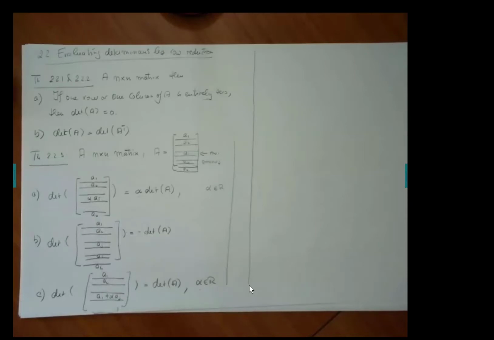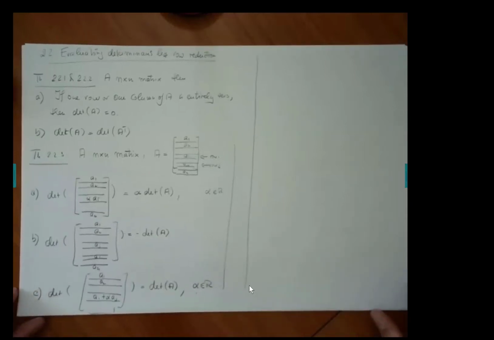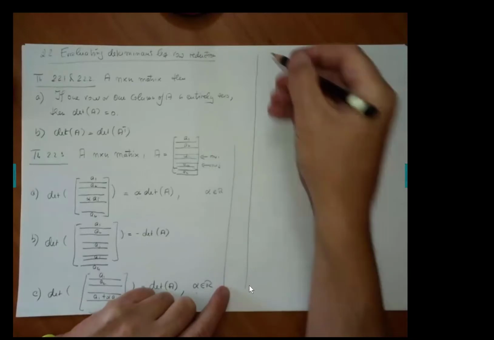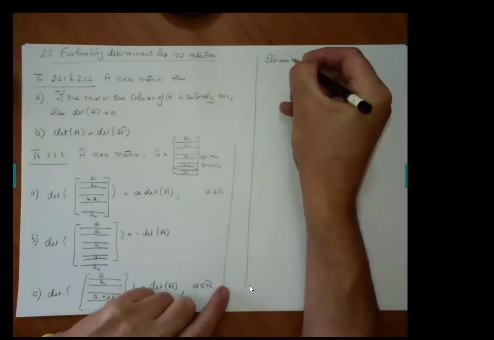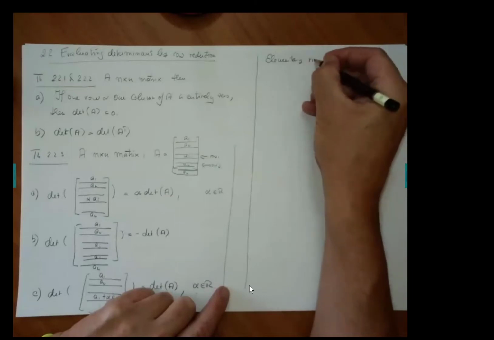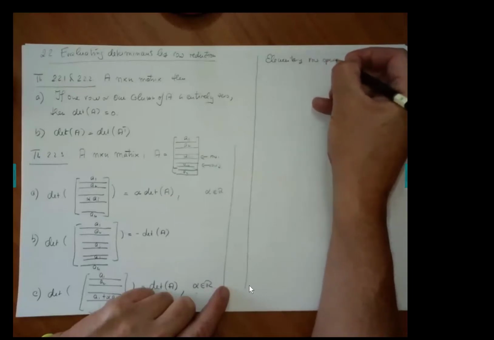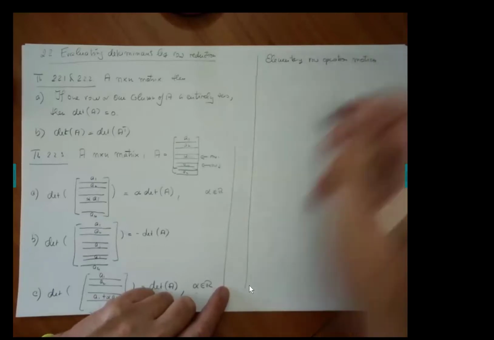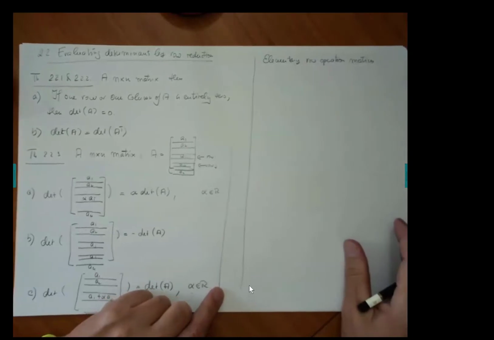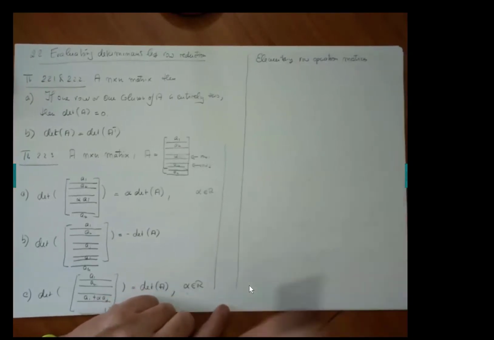Okay, but now, as I said, we come back to our elementary row operation matrices. In this chapter, they will be helpful to find our main result in the next section.